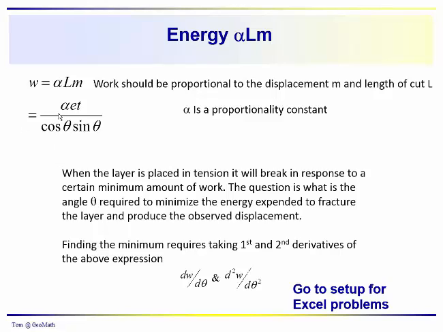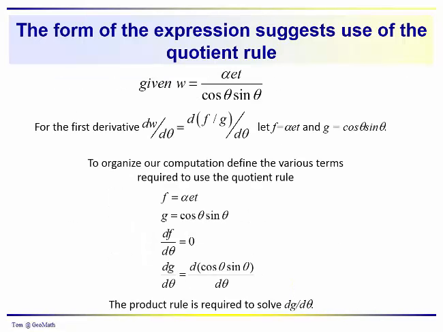Then we need to minimize this function here. And so we have to calculate its first derivative and its second derivative. Its second derivative should be positive or negative. Okay, well, let's take a look. This is our function, and these are constants, but we can go ahead and use the quotient rule.